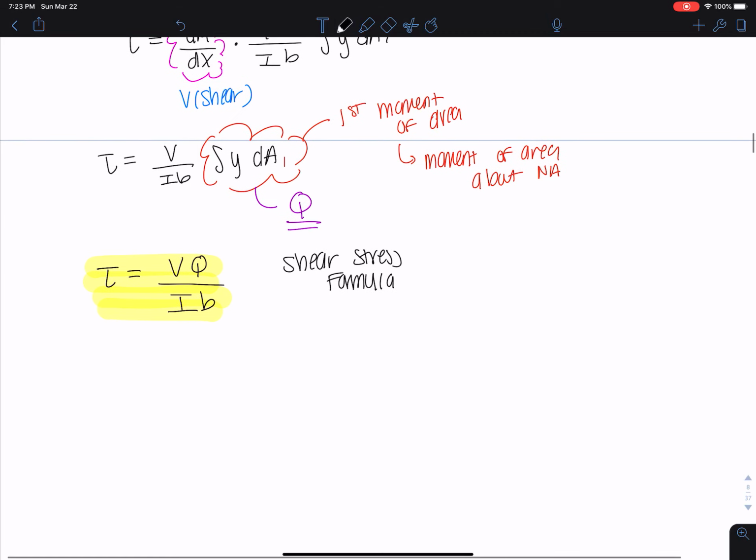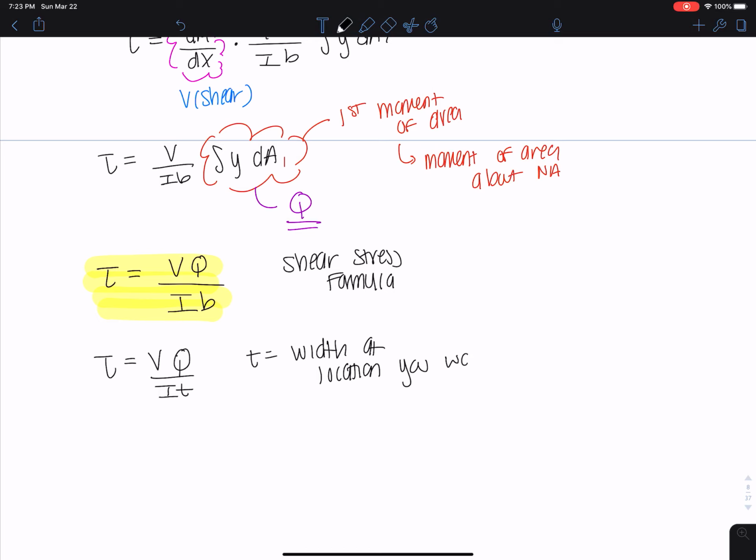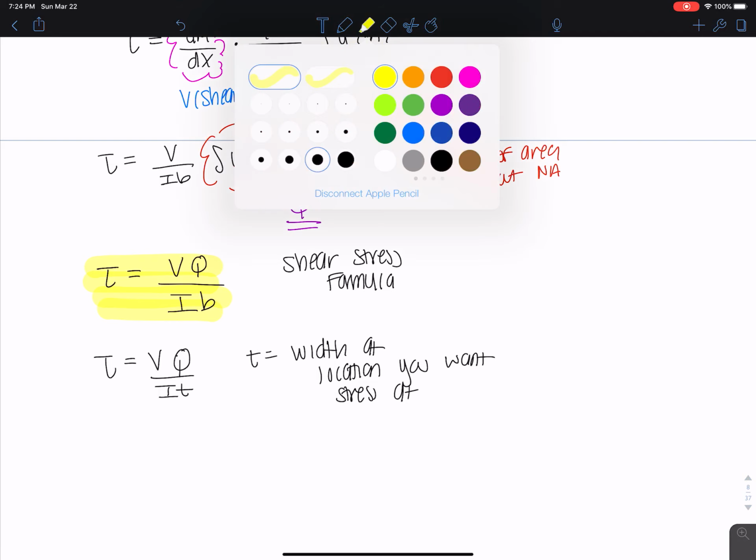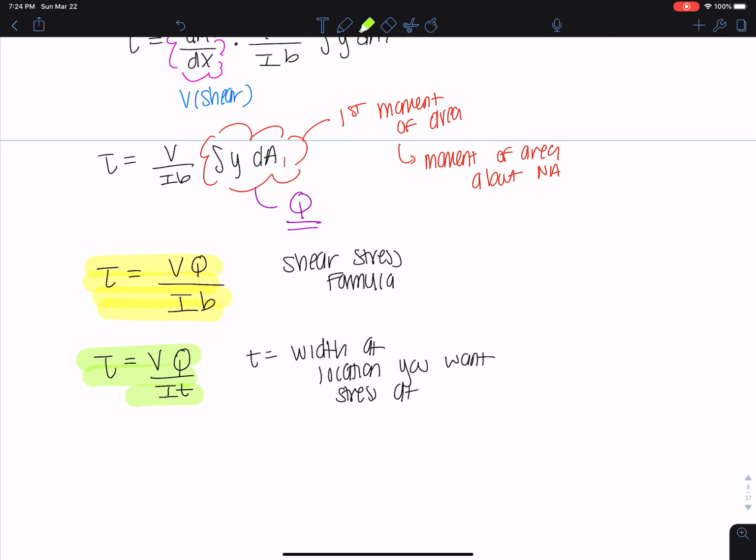But if we wanted it at any location, tau equals VQ over It, and t would be the width at the location you want the stress at, because remember, b is the entire width. So these are two very important formulas.